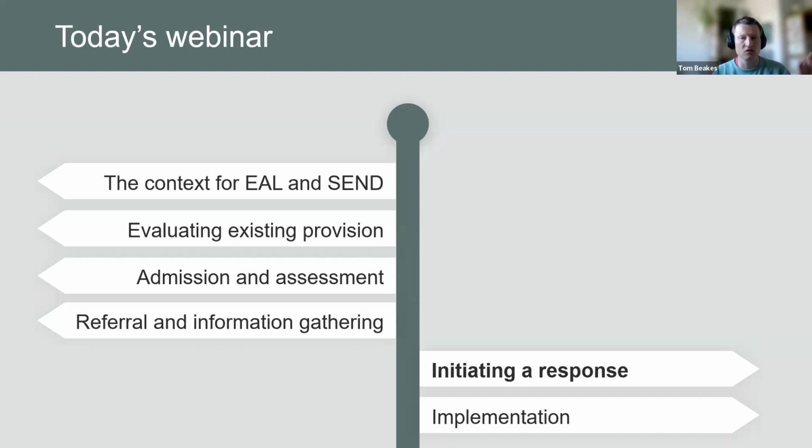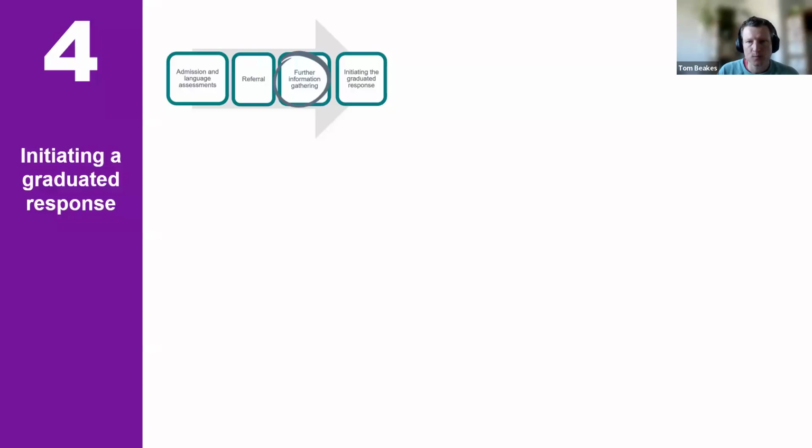So once the SENDs have been identified and established, what happens next? So this stage would largely sit with our SEND specialists, along with support or informed by support from our EAL coordinator.